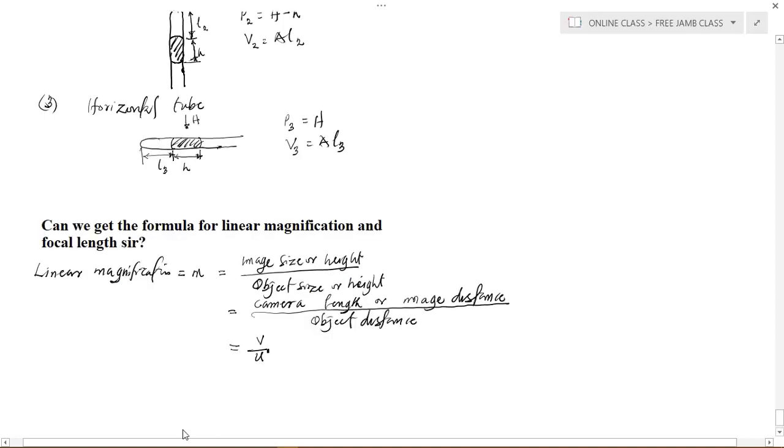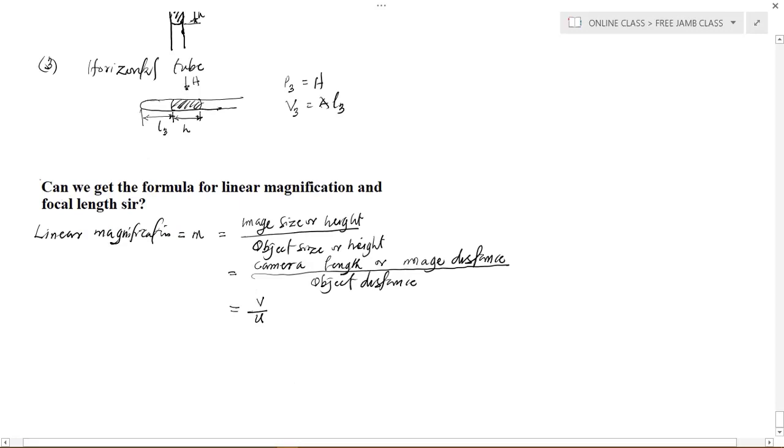Now again, since you put focal length there, whether it's for lens or mirror, we use the mirror formula: 1 over F equals 1 over U plus 1 over V. Now, especially when you're given only U and F, what do you do to get the magnification?